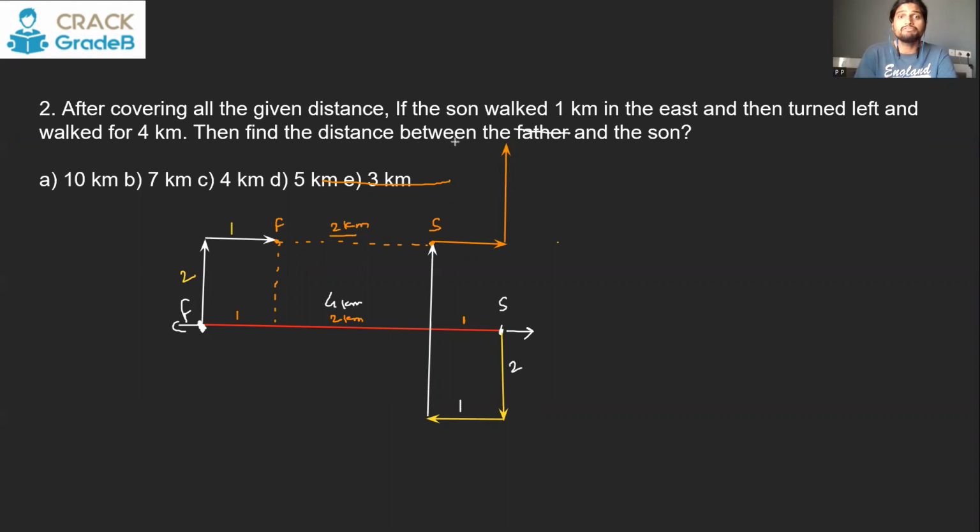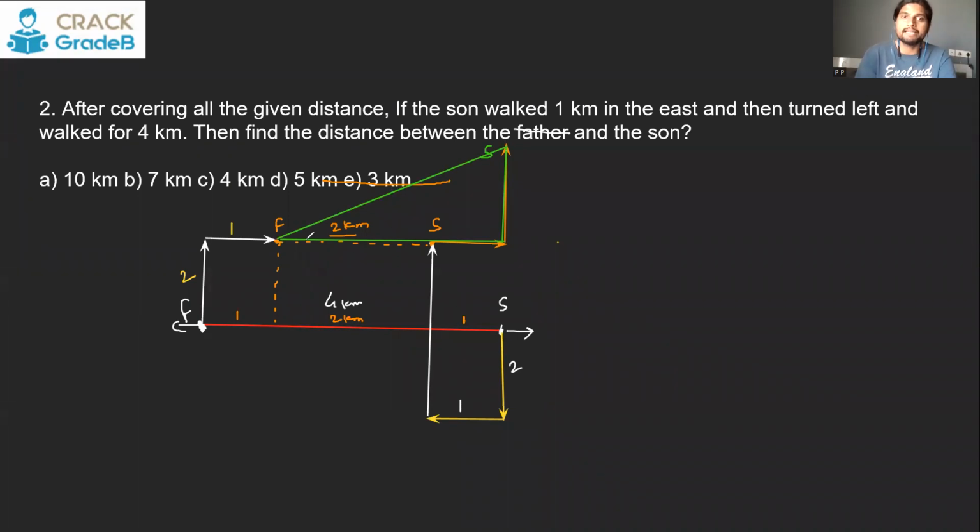What is the distance between father and son? Now we are having a right angle triangle here. This is the final position of father, and this is going to be the final position of son. We are to answer what is the distance between the final positions of father and son.